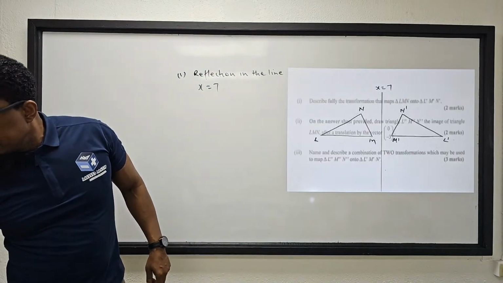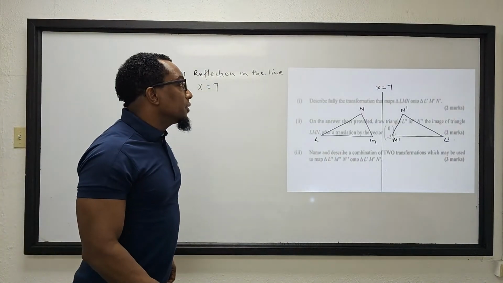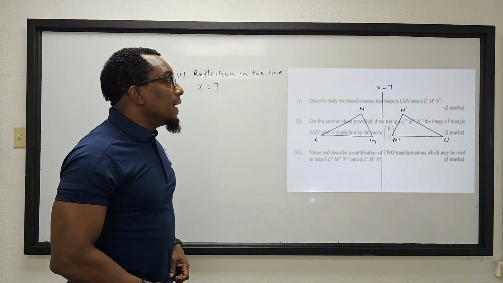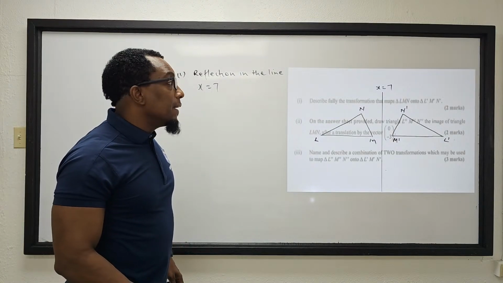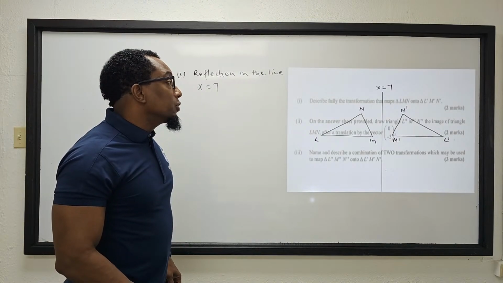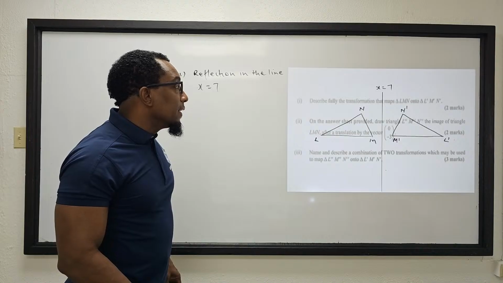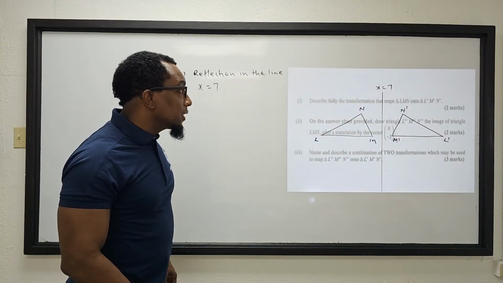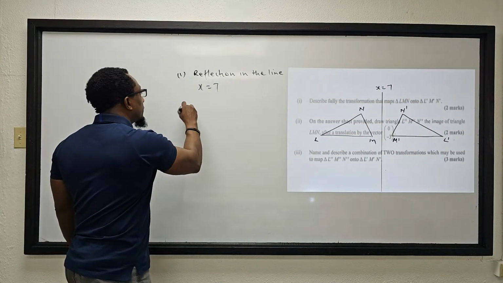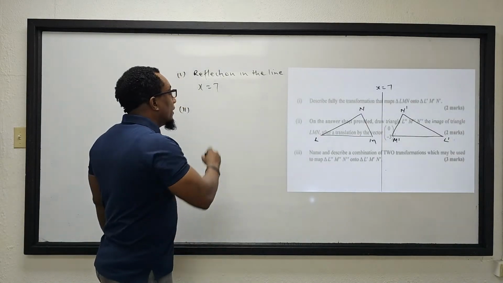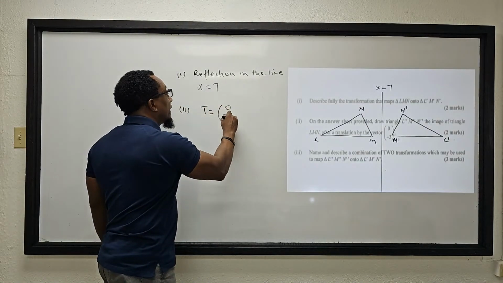So next, on the answer sheet provided, draw triangle L double prime, M double prime, N double prime, the image of triangle LMN after a translation. So part 2, we have here a translation which is 0, -3.